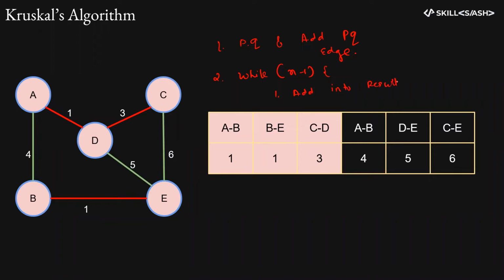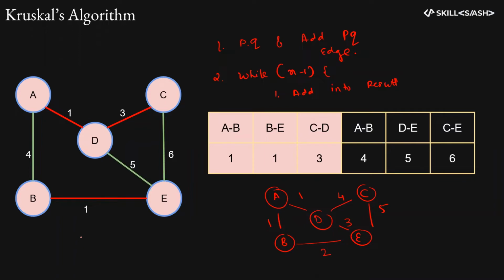Now I think I forgot one case, which is like this. A minute. If it is A, B, D, E, and C, and the edges have weights 1, 2, 3, 4, and 5, which edges will we add into our code?